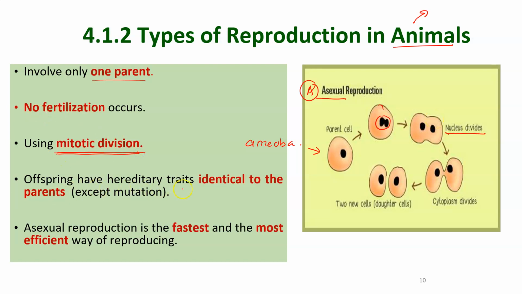Offspring have hereditary traits identical to the parent, except for mutation. Because there's no fertilization between eggs and sperm, it comes from only one parent, so the offspring will be genetically the same as the parent. Asexual reproduction is the fastest and the most efficient way of reproducing.